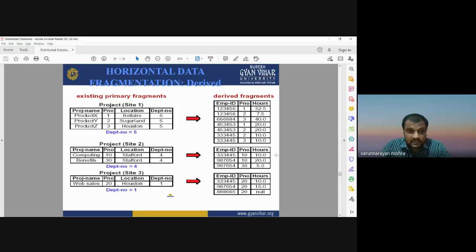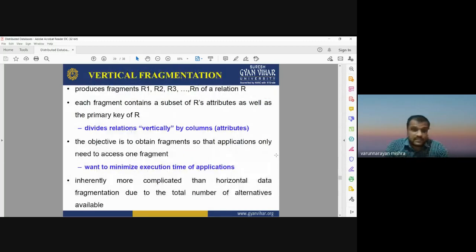Vertical fragmentation produces the fragments R1, R2, R3, and so on, Rn of a relation R, and each fragment contains a subset of R's attributes as well as the primary key of R. It divides the relation vertically by the columns, you can say attributes. The objective of vertical fragmentation is to obtain fragments so that applications need to access only those fragments, and we want to minimize the execution time of the applications.